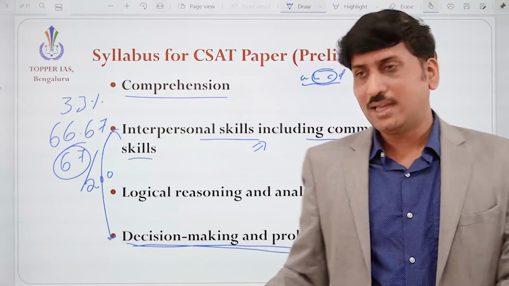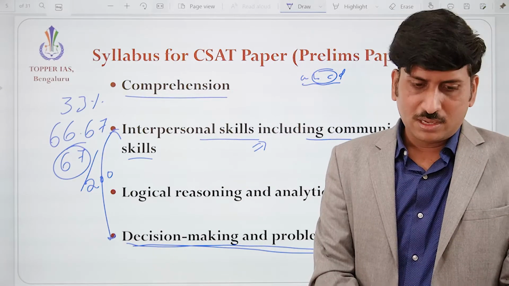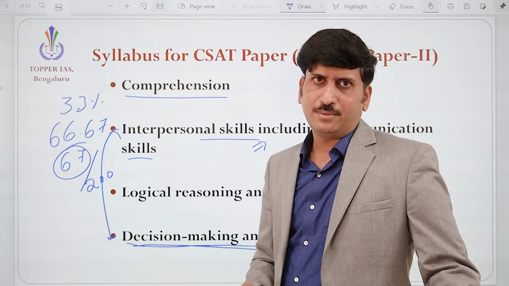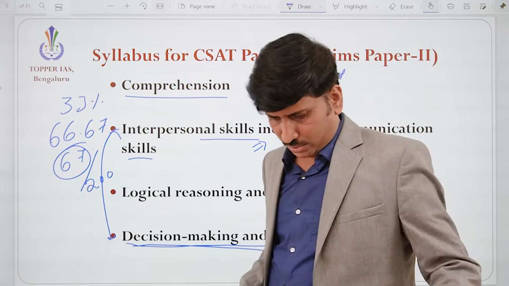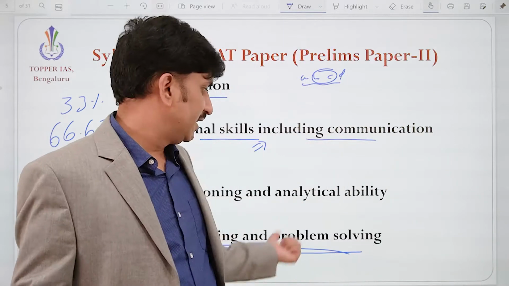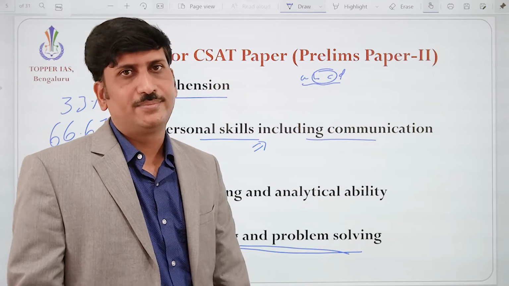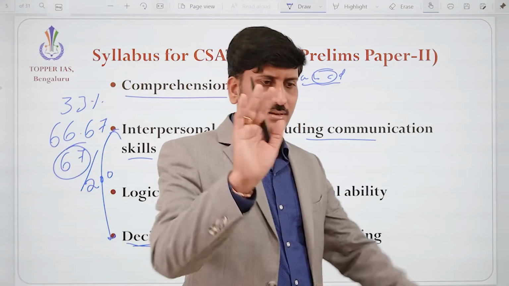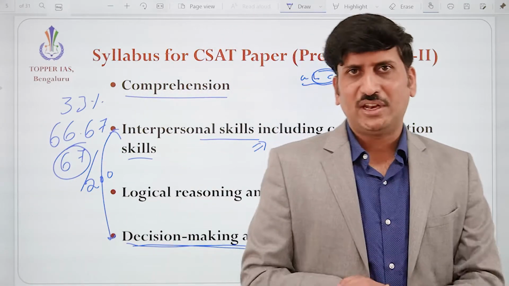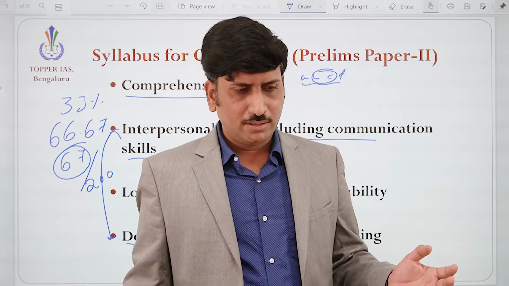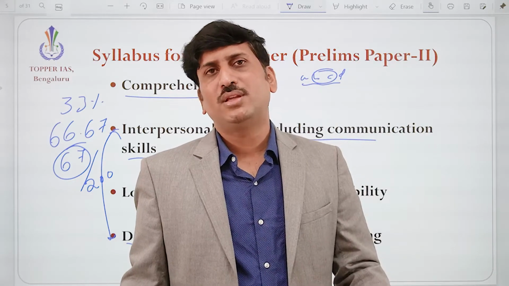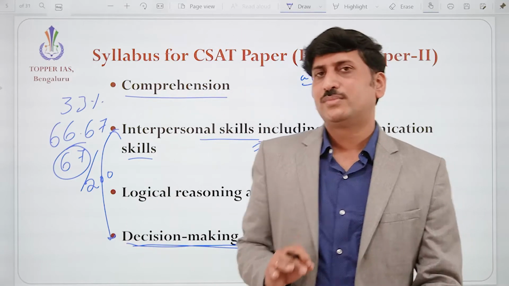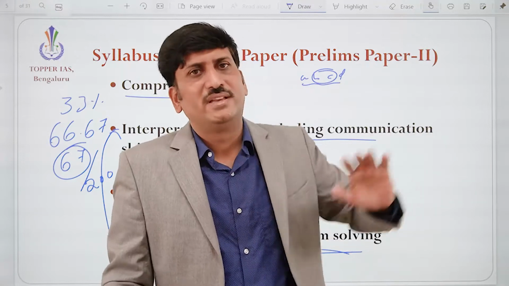But anyway, again they will come back with the decision making skills. For example, if you take the UPSC exam, they asked one question in the decision making. Just let us understand. Okay, so a flood has happened in a state, that is in Chennai, and boats are required to rescue the citizens. You are in charge of the district, and the boat owners are refusing.